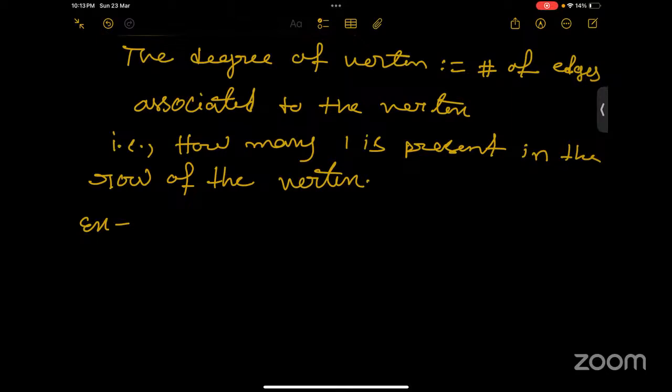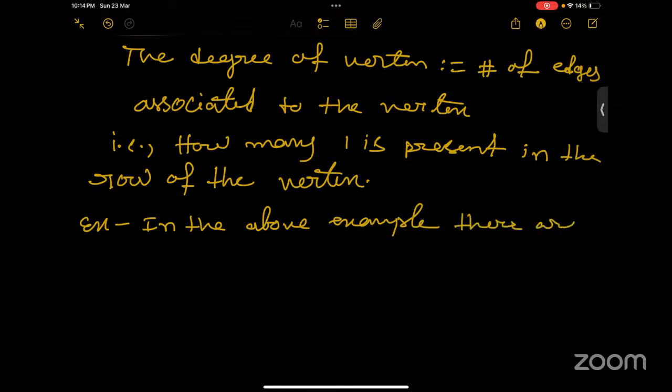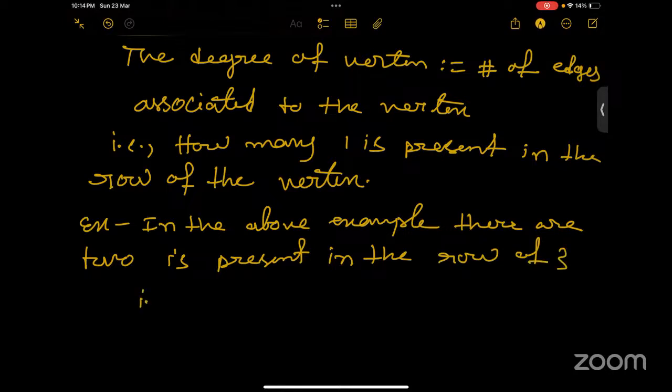And in the above example, there are 2 ones present in the row of 3. That is, the degree of vertex 3 is 2, right?